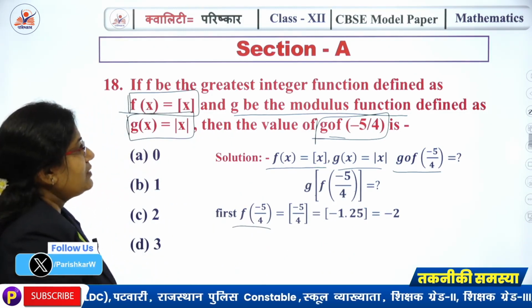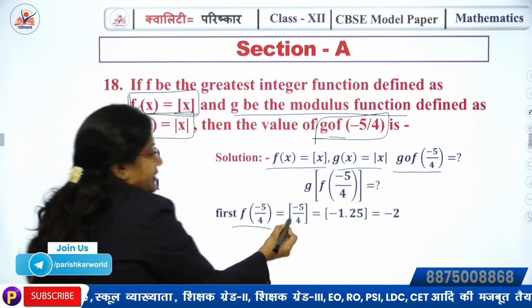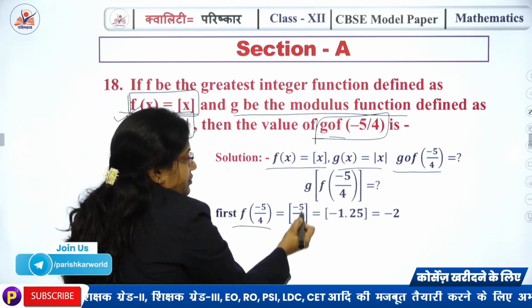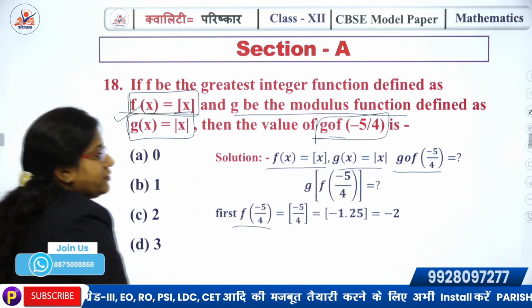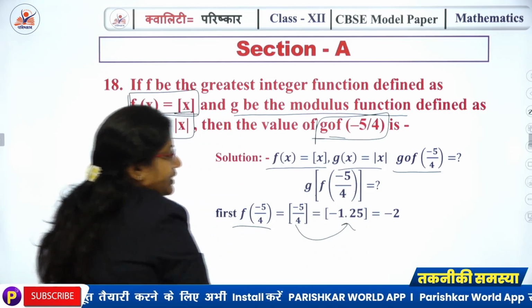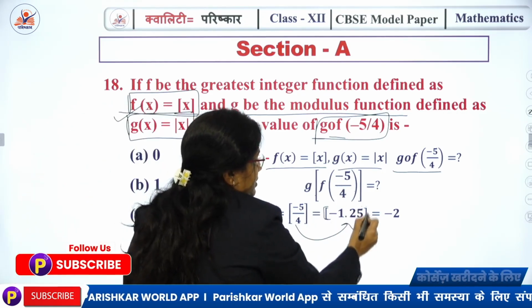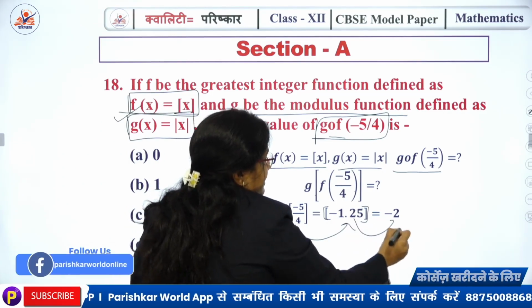As you know, student, f(x) is the greatest integer function, and minus 5 upon 4 can be written as minus 1.25. Minus 1.25 in the greatest integer function is minus 2.